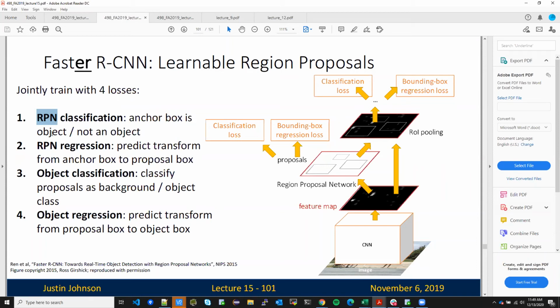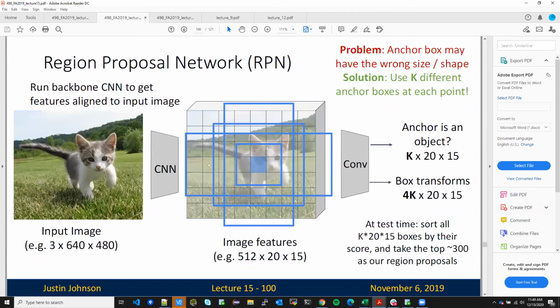When the RPN started, they had something called an anchor box. You need something to start with. For example, these are some typical anchor boxes in blue that you see here. You would need anchor boxes of different sizes and different scales.